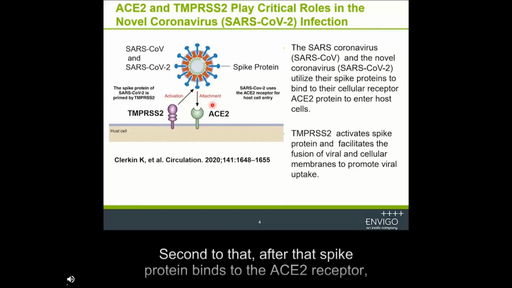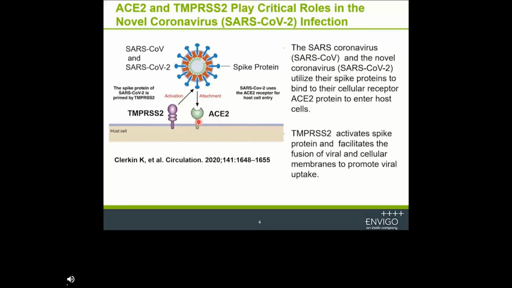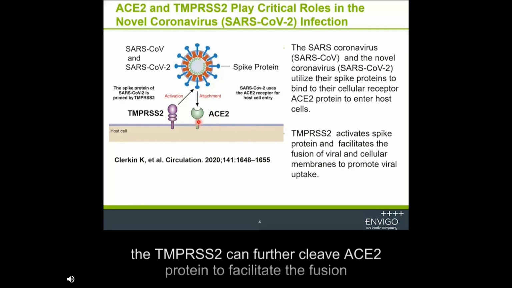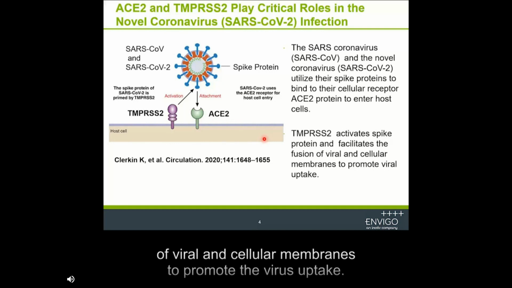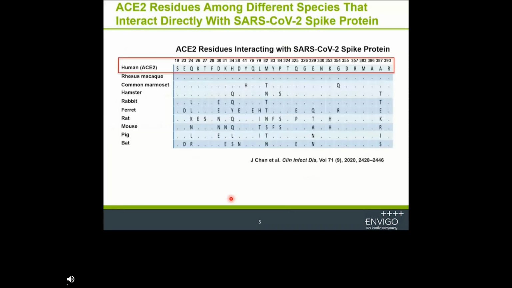Secondly, after the spike protein binds to the ACE2 receptor, TMPRSS2 can further cleave the ACE2 protein to facilitate the fusion of the viral and cellular membranes to promote virus uptake.